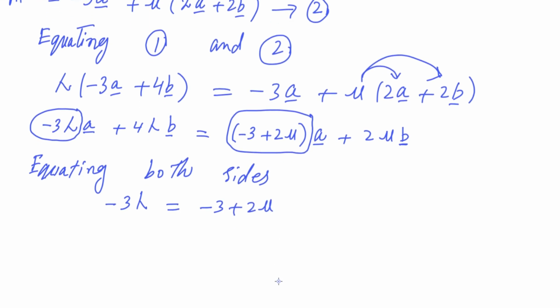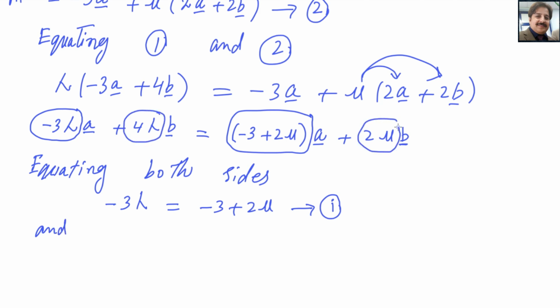This is one equation. Let's say this equation is equation number 1. We can choose Roman numerals here. And the coefficient of B is 4 lambda and here we have 2 mu. So we can write 4 lambda equals 2 mu. This 2 mu value we can replace here.